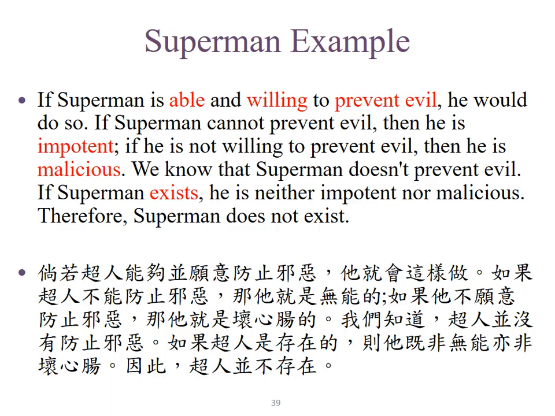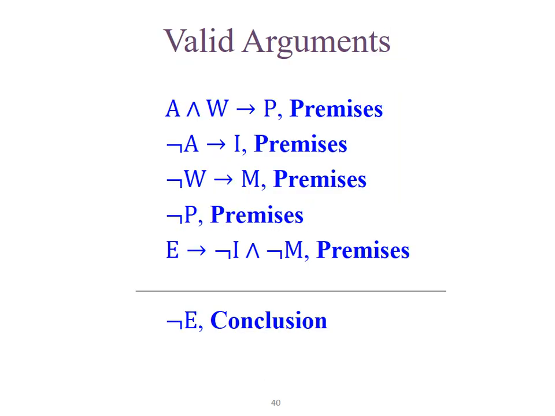Next, let's rewrite these sentences into propositional variables. This is our argument. If Superman is able and willing, then he will prevent evil. So we use A to indicate that he is able to prevent evil, and W is willing to prevent evil.